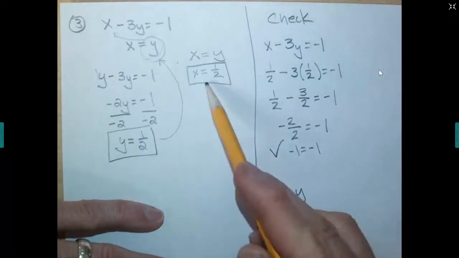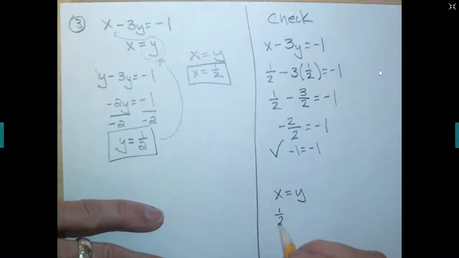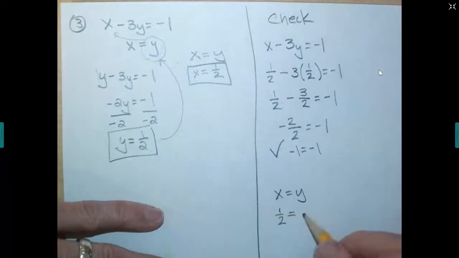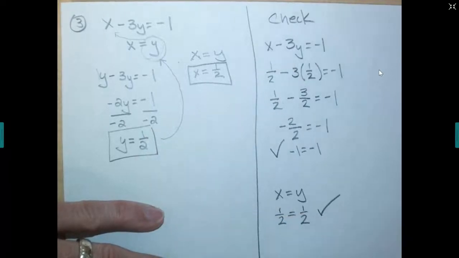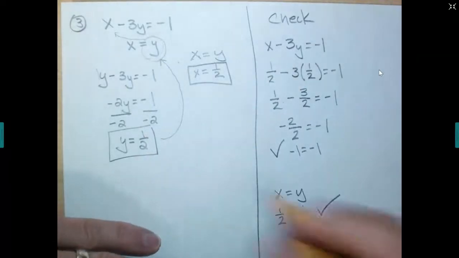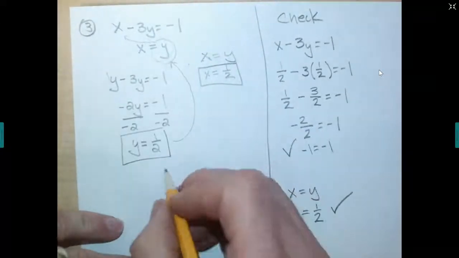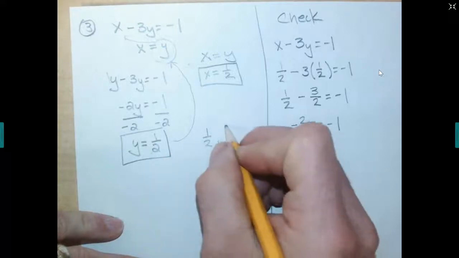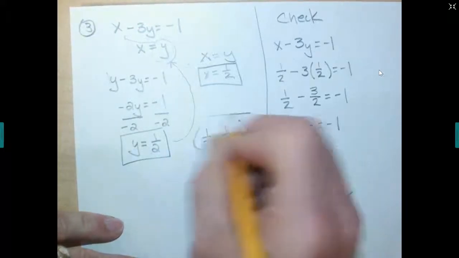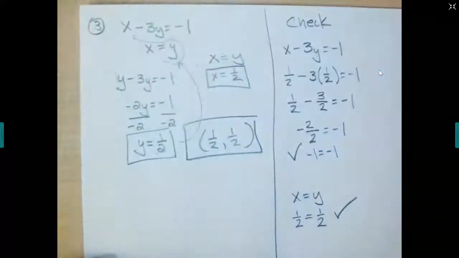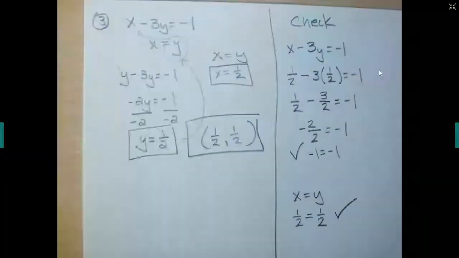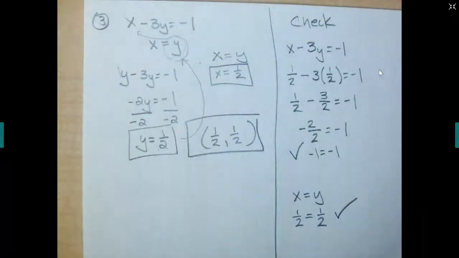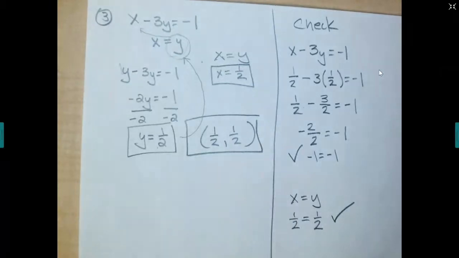Well, x is 1/2, y is 1/2, so that checks out also. So there it is. My answer is x equals 1/2 and y equals 1/2. Might have looked a little intimidating at the beginning, but it was A-okay.